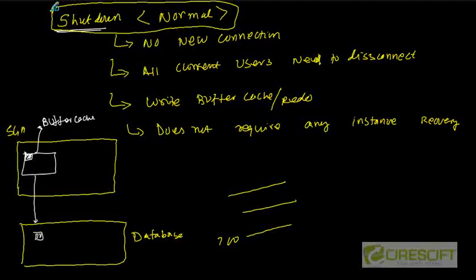So if you give shutdown and nothing is happening, the system may seem to be hanging, but it's not hanging, it's waiting for all users to be disconnected so that the shutdown process can start. So don't give shutdown normal; I'll explain what to use later. The next mode is called transactional.